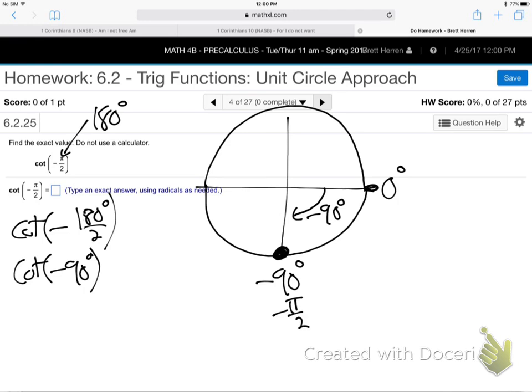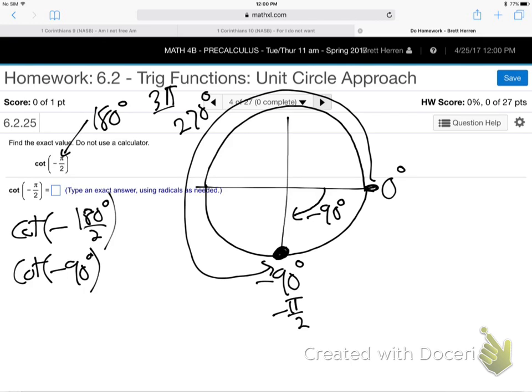It's negative 90 degrees. By the way, it's also the same as what positive angle? If you went the other way, this way, and ended up at that same dot, what angle would that be? 270, or yeah, in radians it's 3 pi over 2 radians, if you're comfortable with radians. Anyway, I just want to show you that there's different ways to say the same ending location. Terminal side is the language they use sometimes.